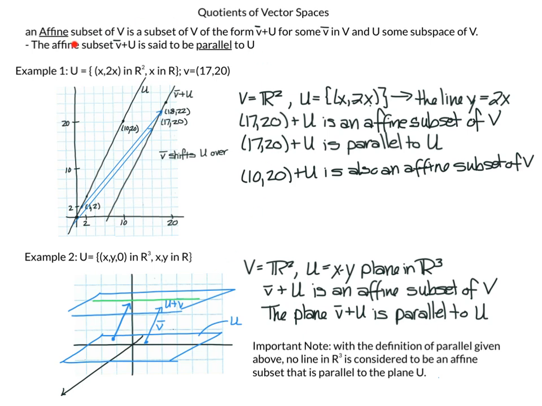But in this case, to be parallel means you're an affine subset. So you need to basically offset the entire subspace U. This one single line might be a line in U that is offset by v, but it's not the entire plane offset by v, so that line would not be considered parallel.